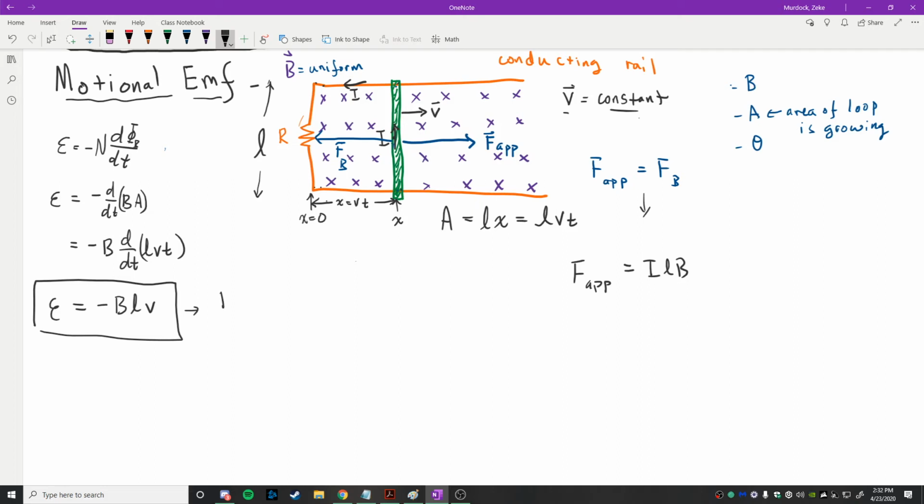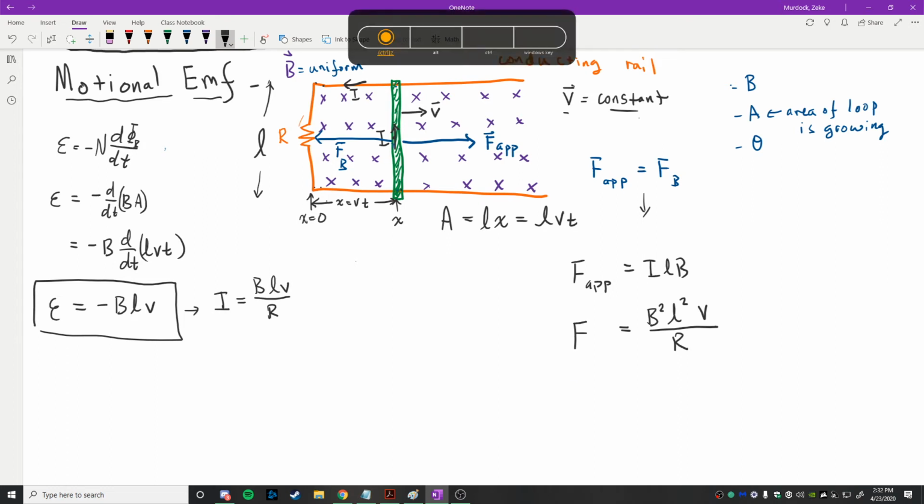Well, that means that the induced current, I, is basically just the EMF, BLV, divided by R, right? So if I plug that into here, what is it going to be? B squared, L squared, times the velocity, divided by R. Oops, getting ahead of myself.